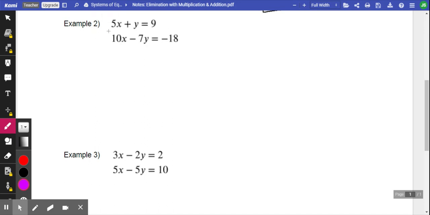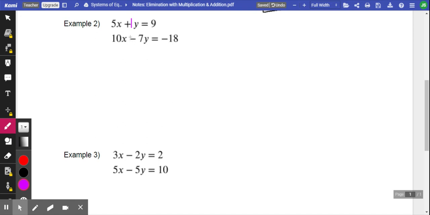If I were to mentally add these together, 5 plus 10 gives me 15. And this is really a 1y, so 1y plus negative 7y gives me negative 6y. So neither the x's nor the y's would cancel out right now.